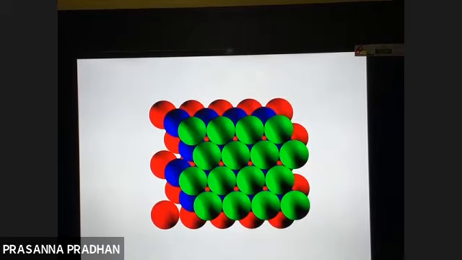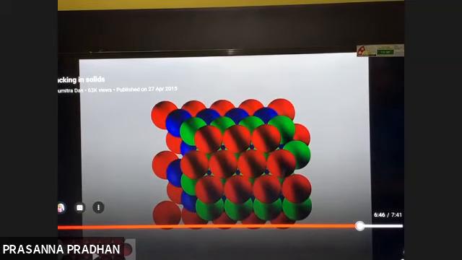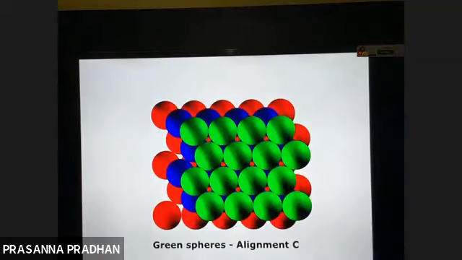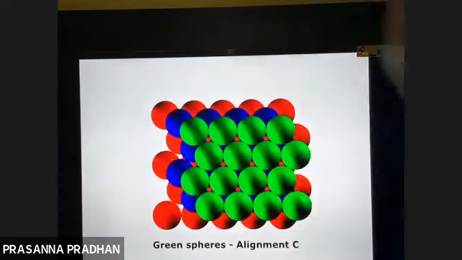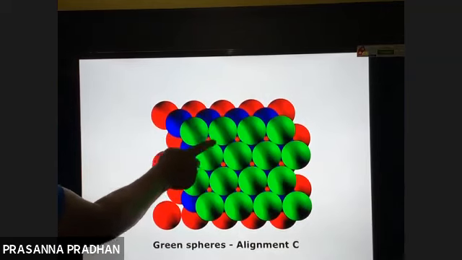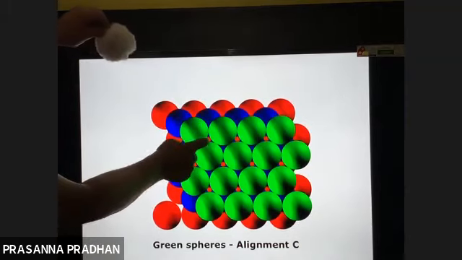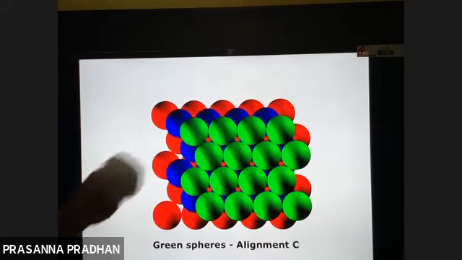Using the same reason, we can cover the octahedral voids made by the second and third layers by a fourth layer. If I keep the fourth layer on the octahedral voids here, the center of the fourth layer coincides with the center of which layer?